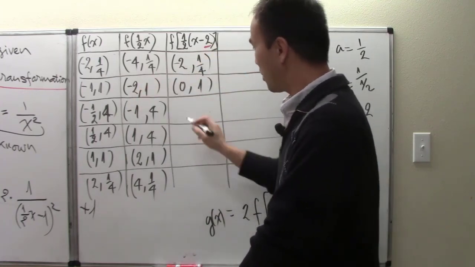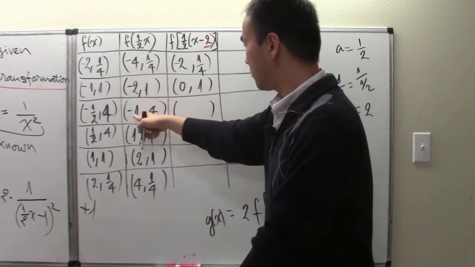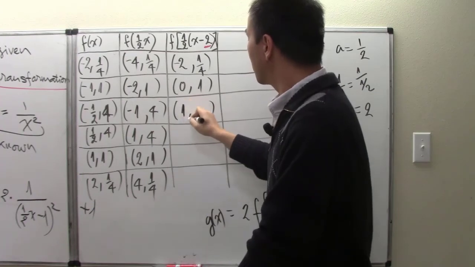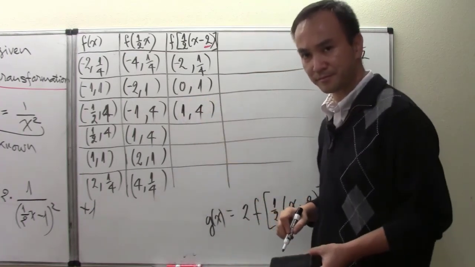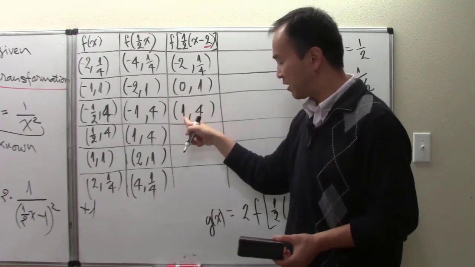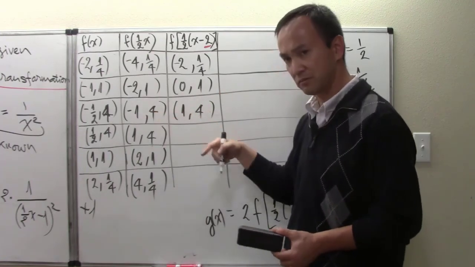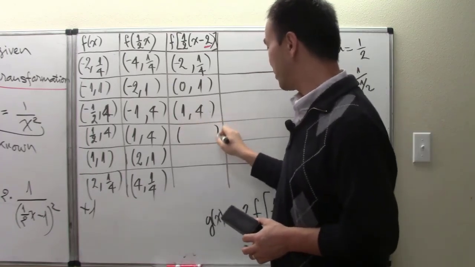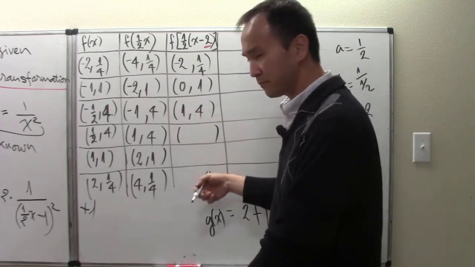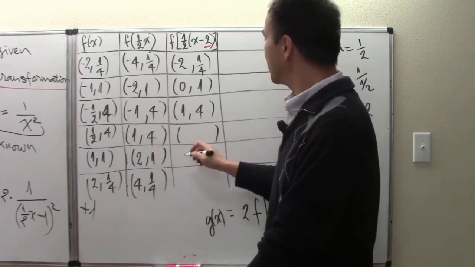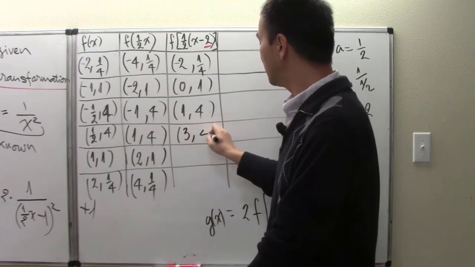Okay, next one. Now I'm having -1 comma 4. Now it's going to be transformed into +1 comma 4. Y value stay the same. X value came out 1 because -1 plus 2. That's 1. Okay, and now I can start moving on without much explanation. 1 comma 4 is transformed into 3 comma 4.